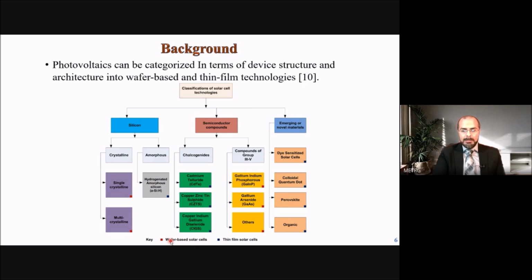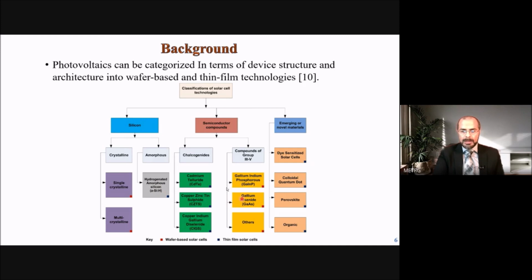Solar cells made based on wafers, which have a red indentation: single crystal silicon and multi-crystalline silicon are both wafer-based. Also, gallium indium phosphide, gallium arsenide, and other technologies are wafer-based. On the other hand, we have thin film technology with the blue dot.